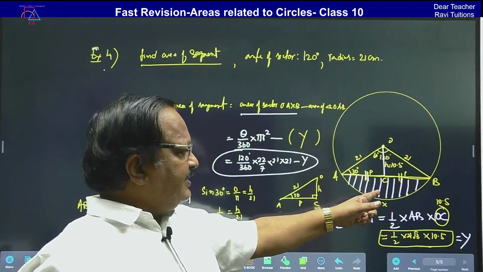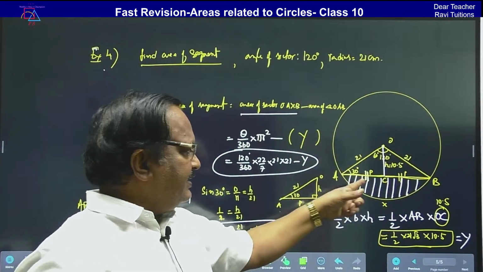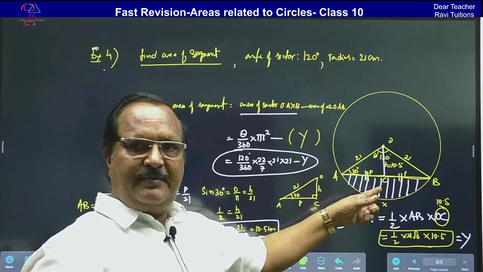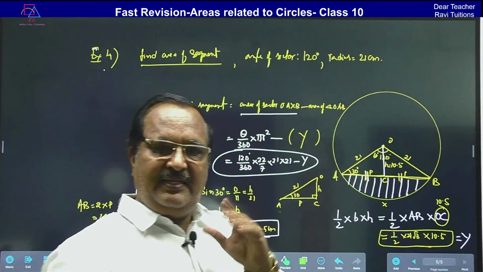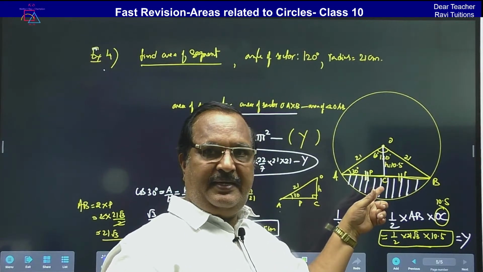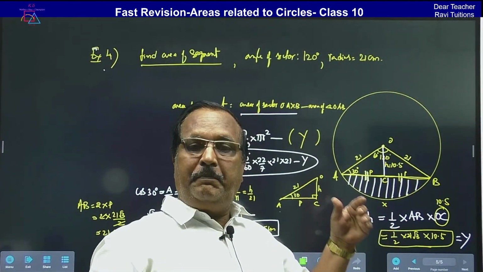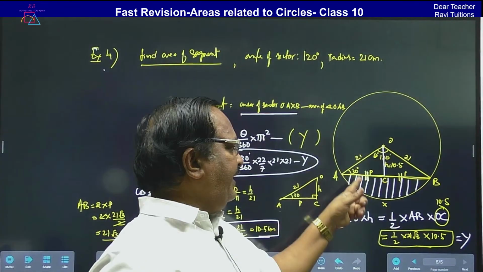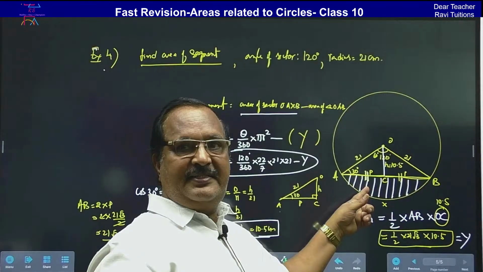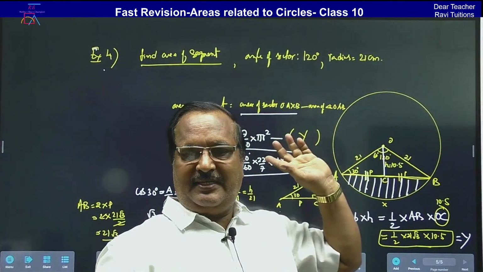Once you get the minor segment area, circle minus this minor segment area is the major segment. Sometimes he will give both things in the same question. So, after finding the minor segment area, if you want to find the major segment area, then circle minus minor segment area will give you the major segment area.